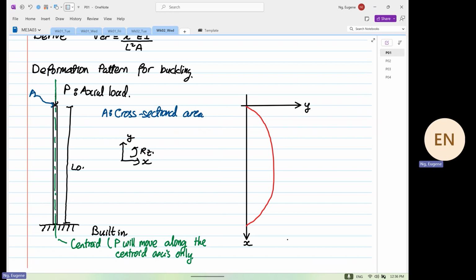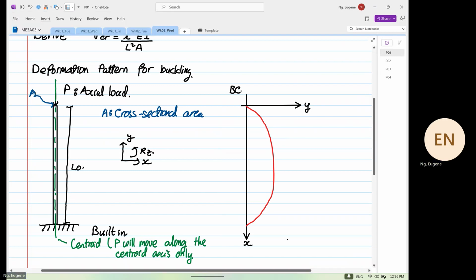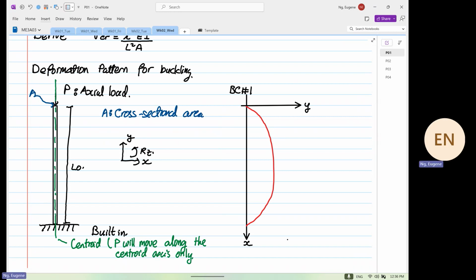So the first thing that we're going to define now is our boundary condition number 1. So boundary condition number 1 states where this is x equal to 0, y is also equal to what? 0. Then we're going to impose boundary condition number 2.